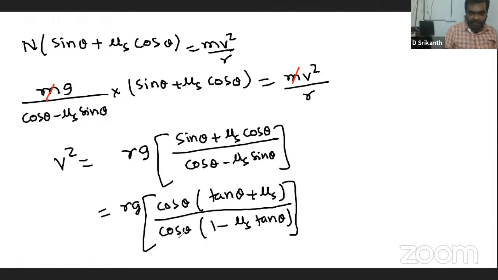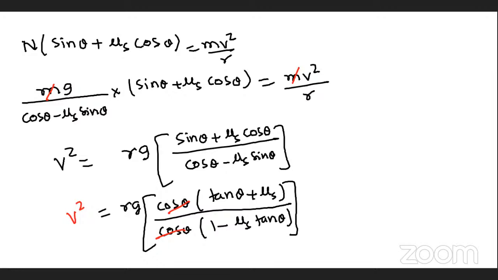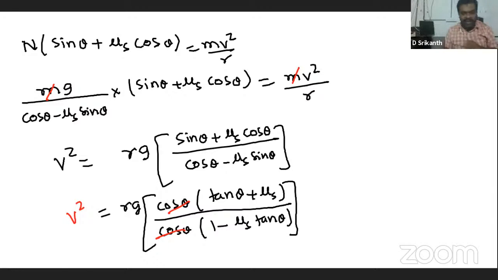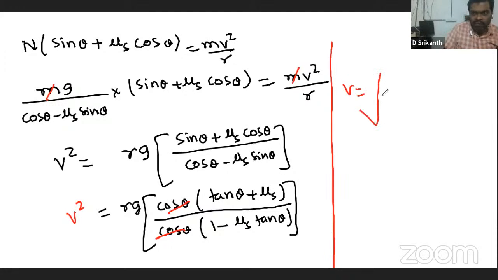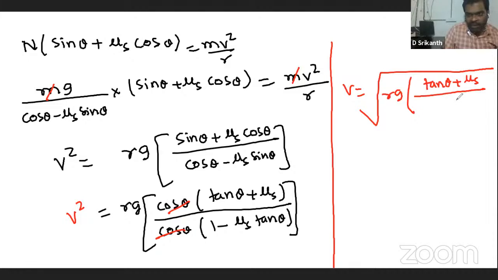No problem, right? So v square is equal to this one. So v is equal to under root of rg times (tan theta plus mu s) divided by (1 minus mu s tan theta). Right?